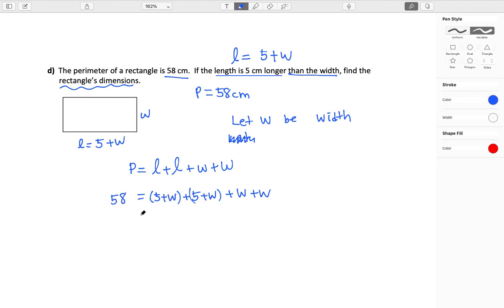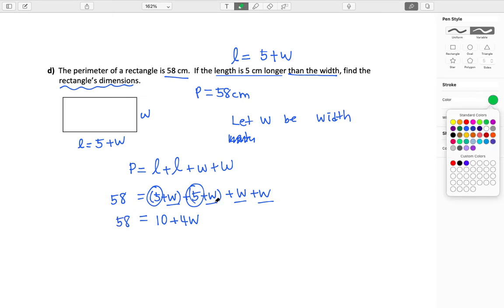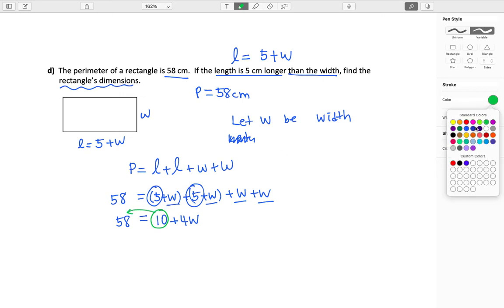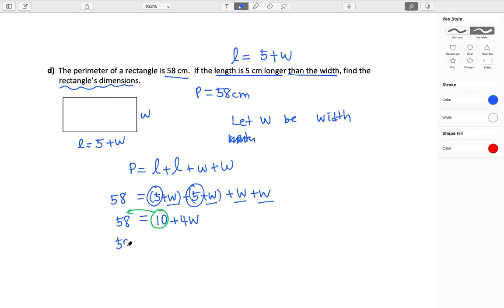So we can collect the like terms: 5 and 5 is 10. And then we have W four times. So I get 10 plus 4W equals 58. And I want to move 10 to the left side so that I collect the like terms. So 58 minus 10 equals 4W. I get 48 equals 4W.